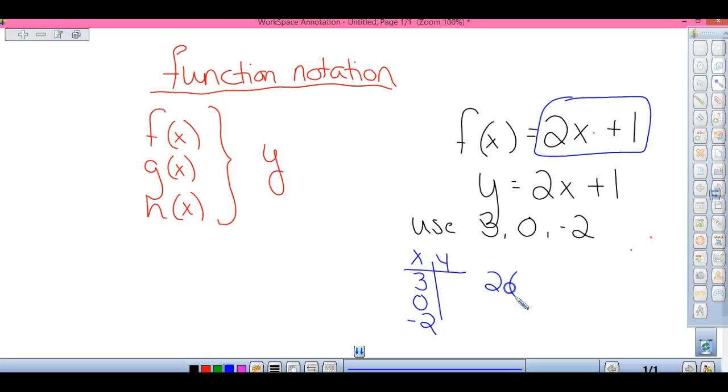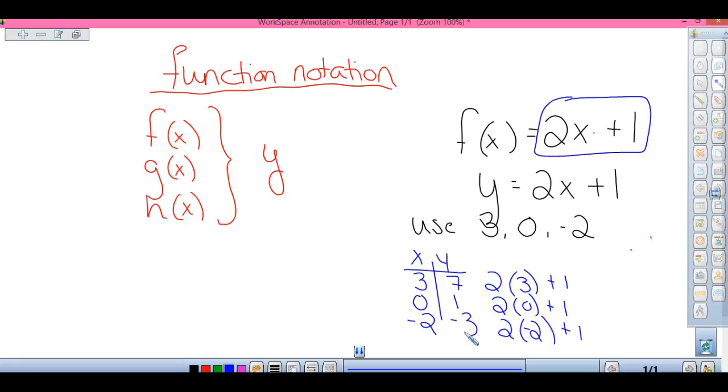So 2 times 3 is 6 plus 1 is 7. And then 2 times 0 is 0, plus 1 is 1. And 2 times negative 2 is negative 4, plus 1 is negative 3.